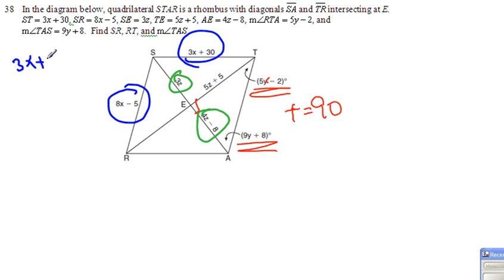So let us try to look at the blue one first. That means 3x plus 30 must be equal to 8x minus 5. So when you subtract 3x from both sides and add 5, then we have 35, which is equal to 5x.